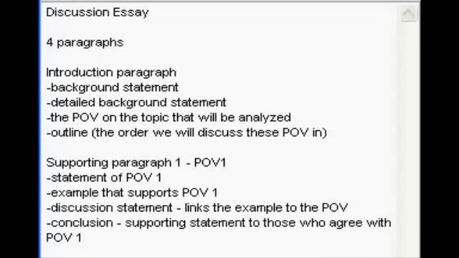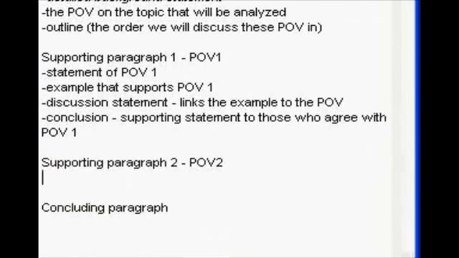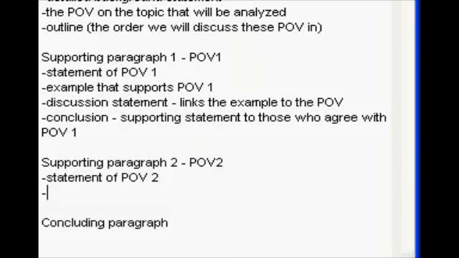Okay. Now supporting paragraph 2 is going to talk about point of view number 2, which in this case would be that McDonald's is not a great restaurant. So, I think it's a little bit difficult to see. Okay. So the first sentence is a statement of point of view 2.